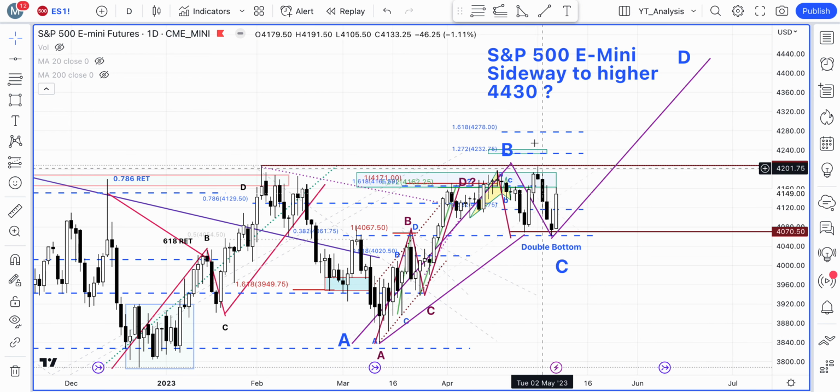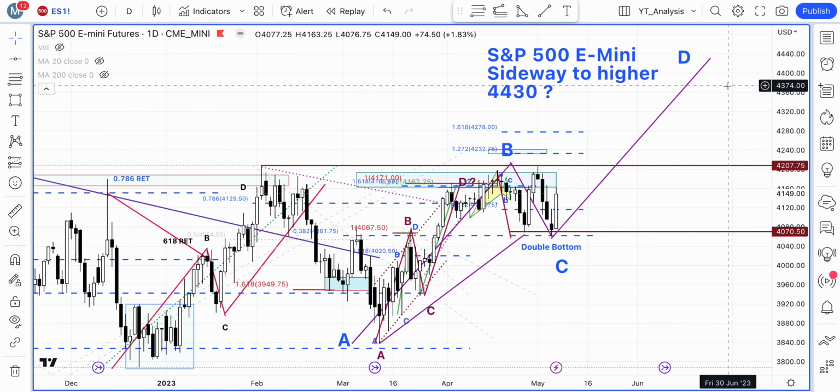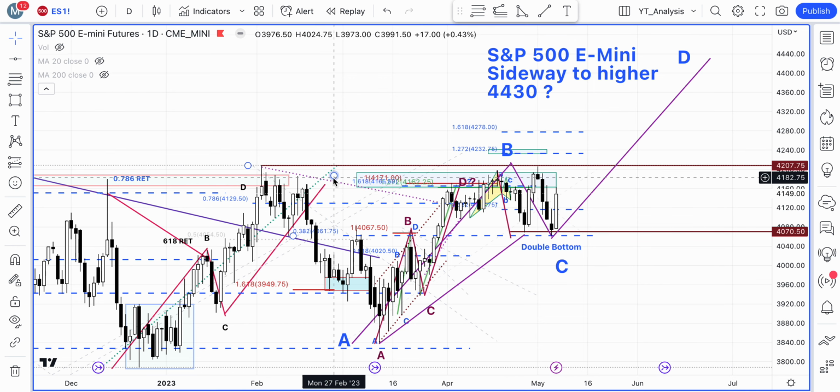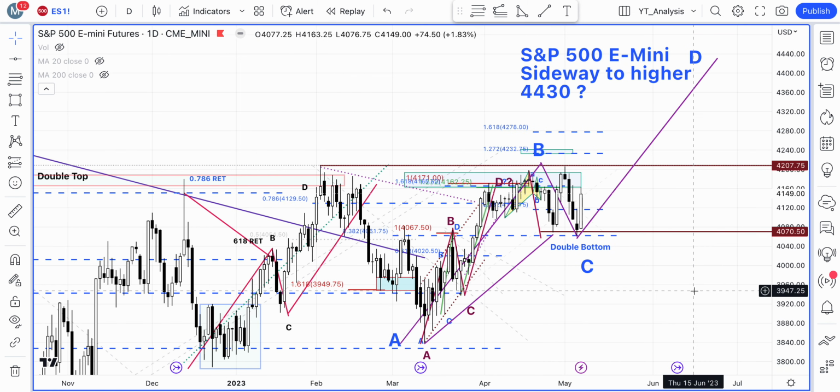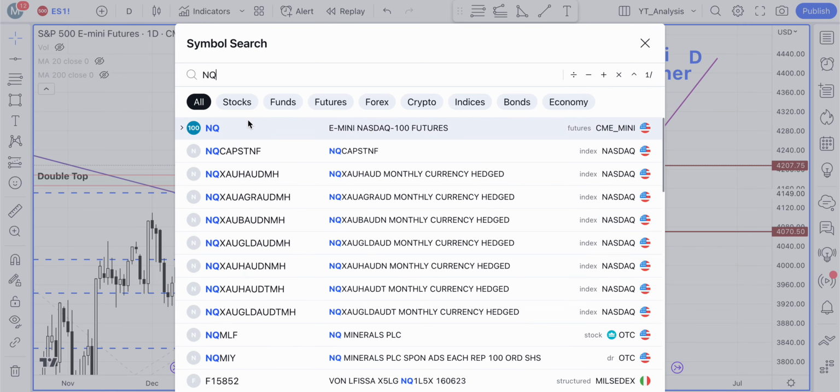And if the price action breaks down and this support, which is in fact our point C, is broken to the downside, specifically on a daily closing basis, then this ABCD will be off the table. And we'll reevaluate things, and we might have a different situation to look at then. So while we are at it, let's take a look at NQs.